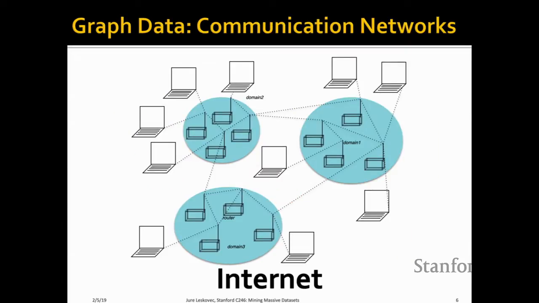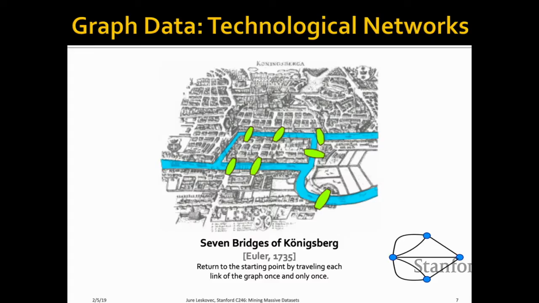Another case where networks are amazingly important is communication infrastructure. Again, that communication infrastructure can be modeled as a graph. And of course, here is the oldest kind of networks problem, from 1700 by Euler, who was wondering how to traverse over all these bridges and get back to the same place and traverse each bridge only once.